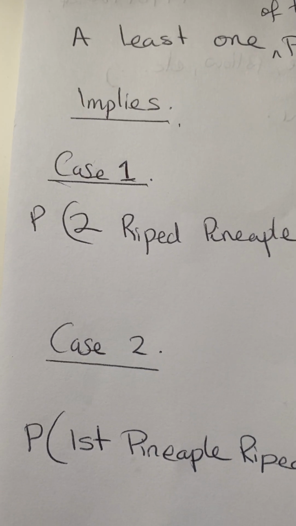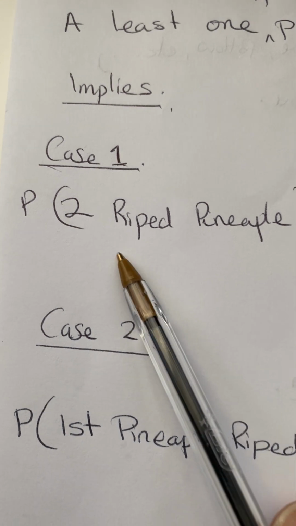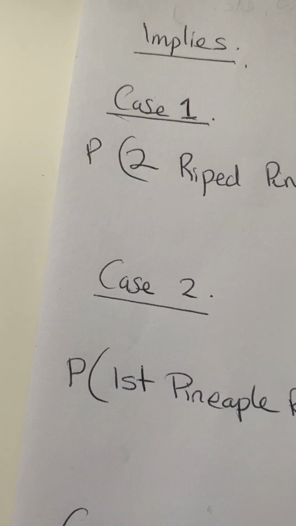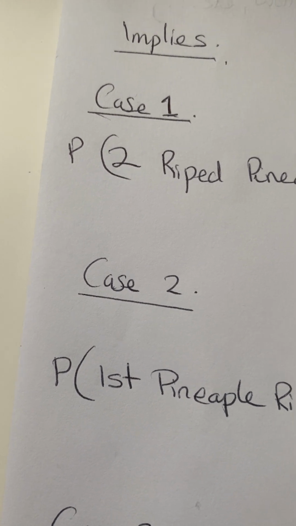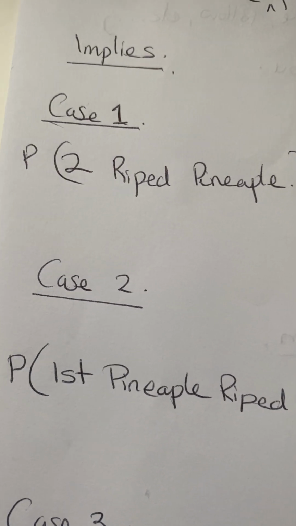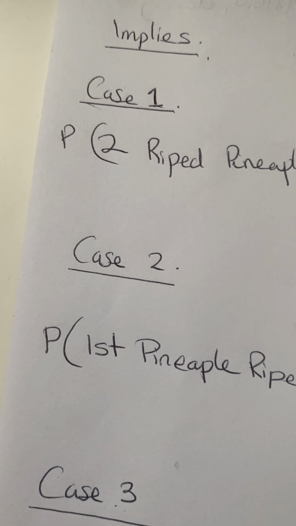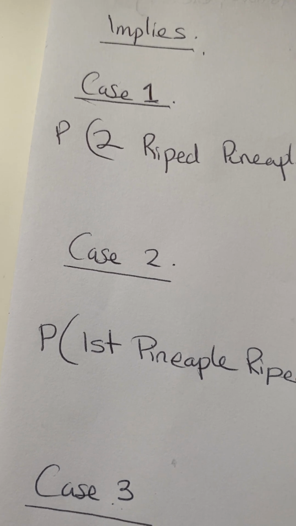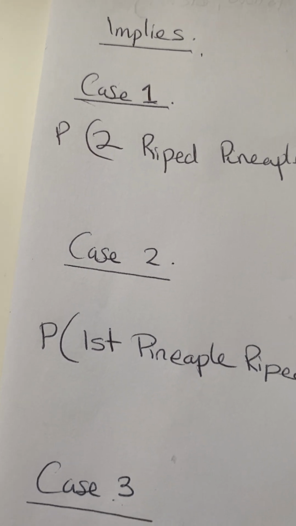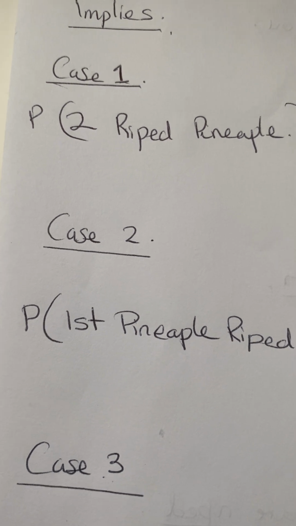You have 4 ripe ones. Your first case is you choose 2 ripe pineapples, because at least one is ripe. You dip your hand in the box. First one ripe, second one ripe. It satisfies the condition.